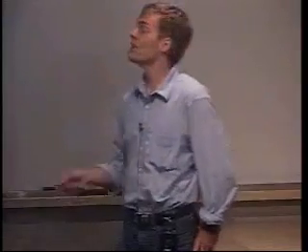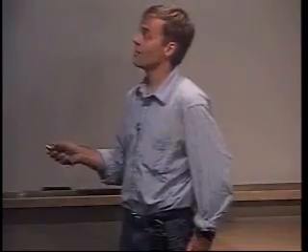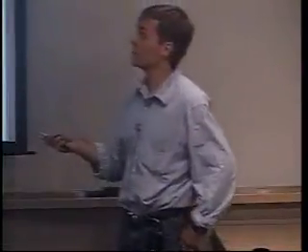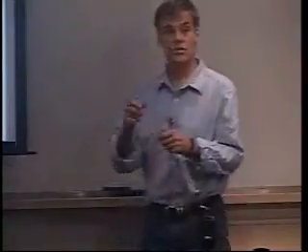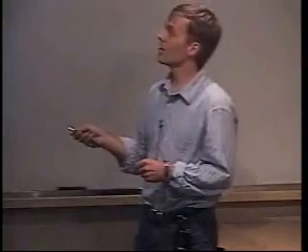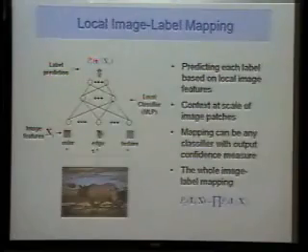Each of these units in the output will have a value between 0 and 1, and they'll sum to 1. So it'll be a softmax over the outputs so that you get a distribution over labels for that particular pixel. That tells you not only which label is most likely, but you also get a distribution, so you have some uncertainty information there as well. That's going to be important. And that'll be just a simple, straightforward, trained MLP.